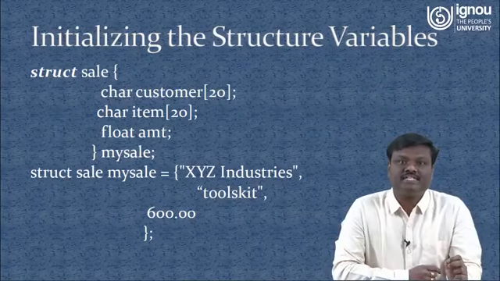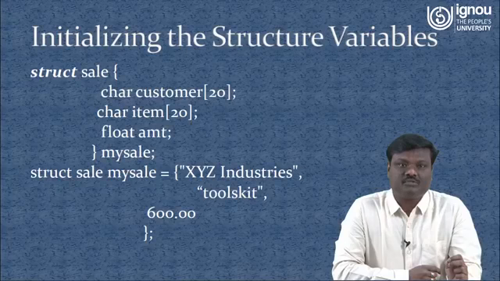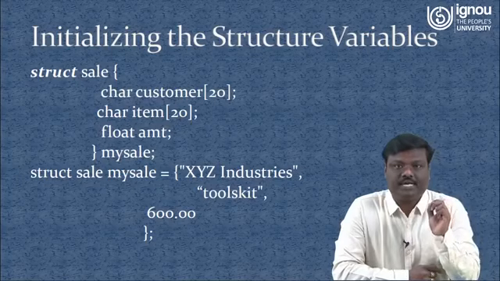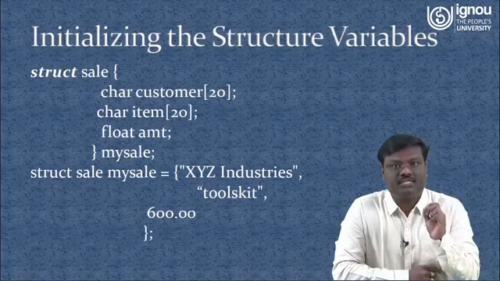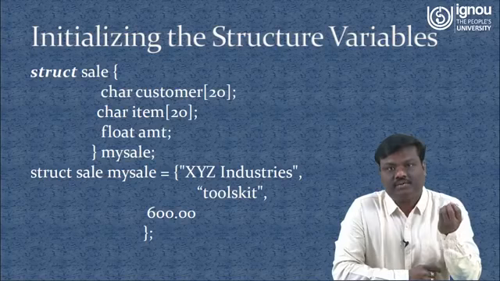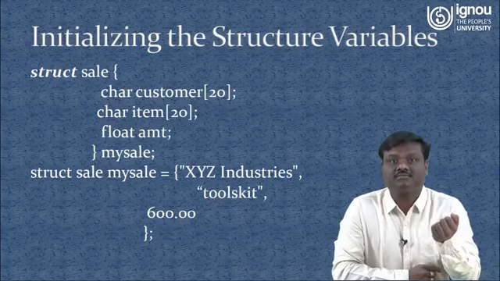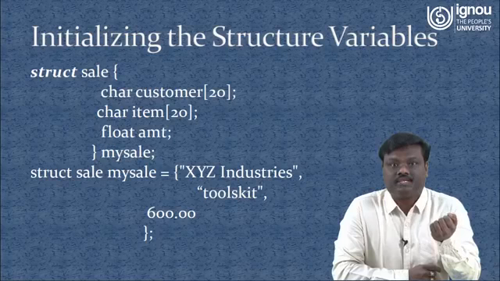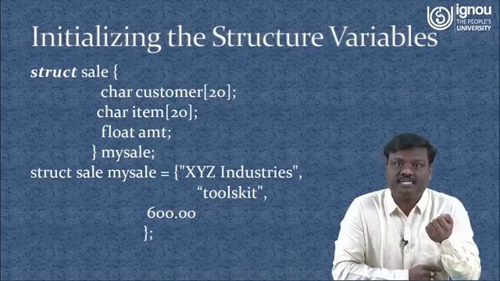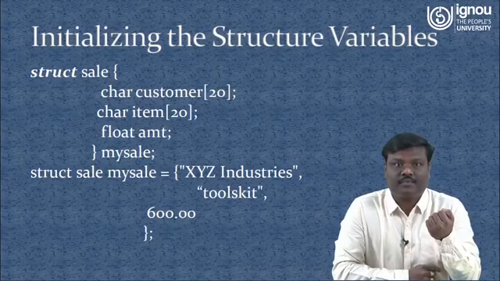So, initializing the structure variables. We had seen in the earlier sessions that we had assigned the variables, or initialized the arrays also. Here also structure variables can be initialized at the starting of the program.